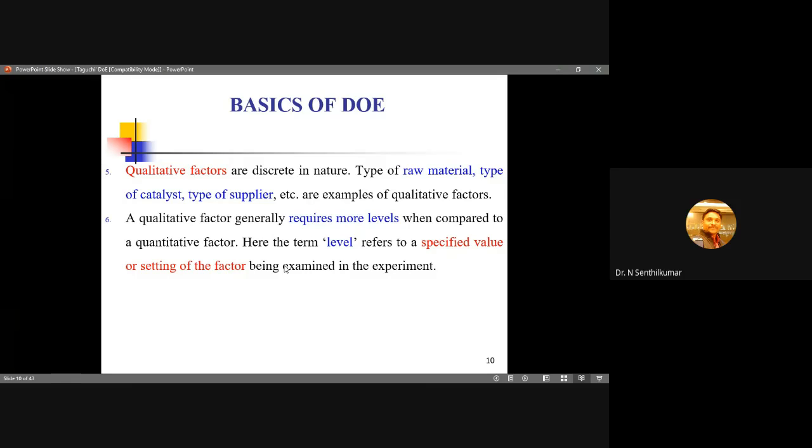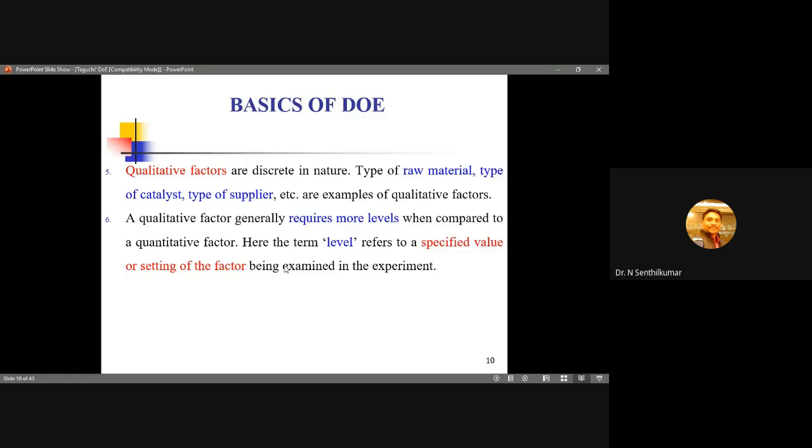So how do we select the level range? First of all, I am going to select a range. If it is 100 to 1000, then I have to increase the number of levels. If it is 100 to 300, then I can reduce my levels. 100 to 300, I can put 200. So 100, 200, 300.